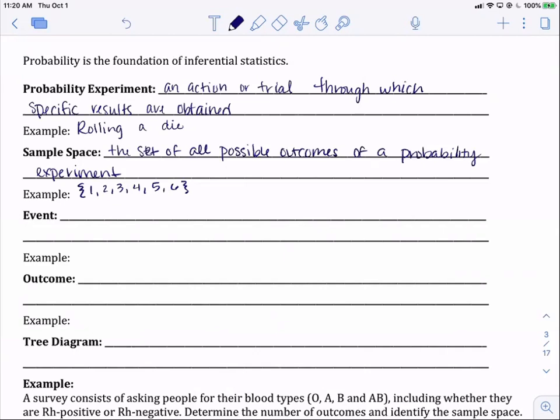The event is what we're wanting to find the probability of. But for the actual definition, it's a subset of the sample space. Say the event we're looking at is rolling an even number.